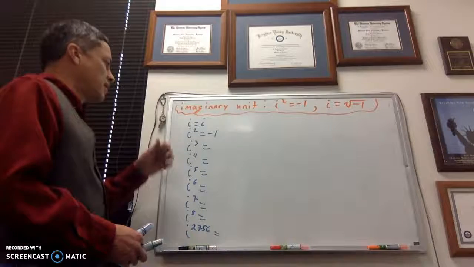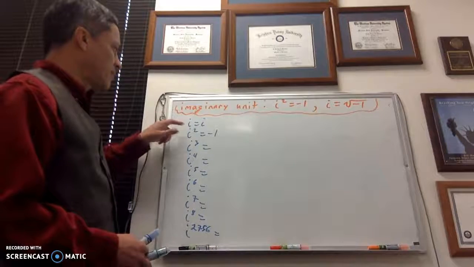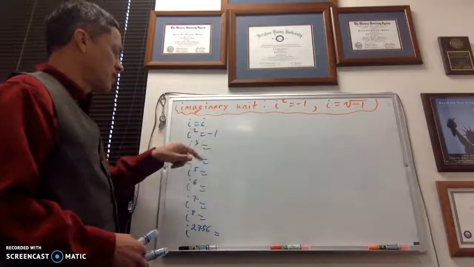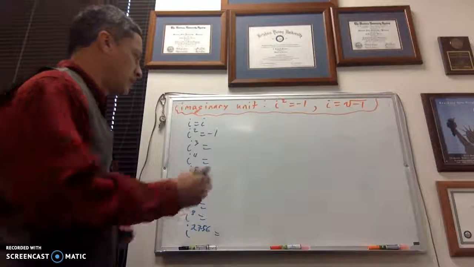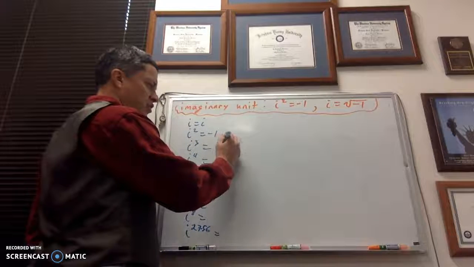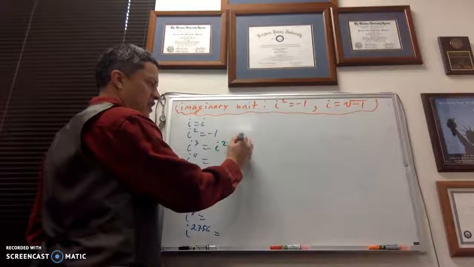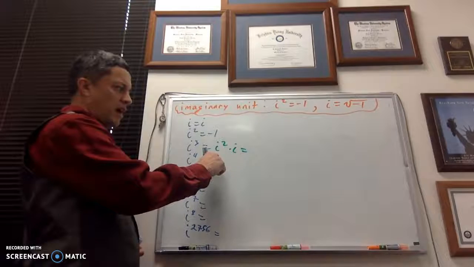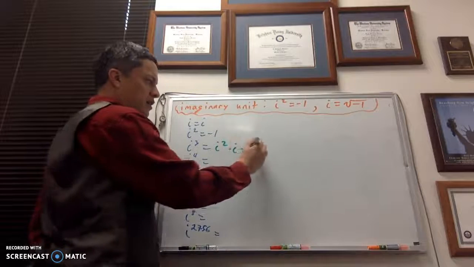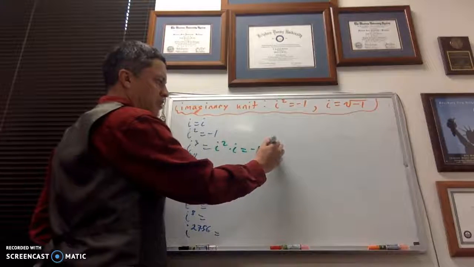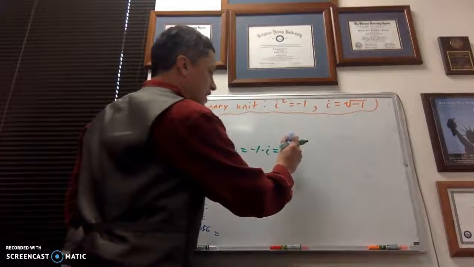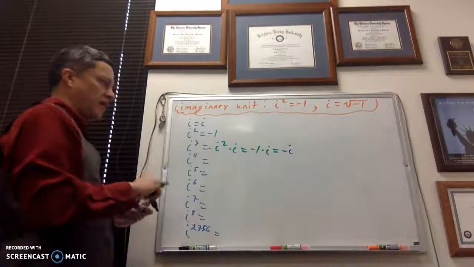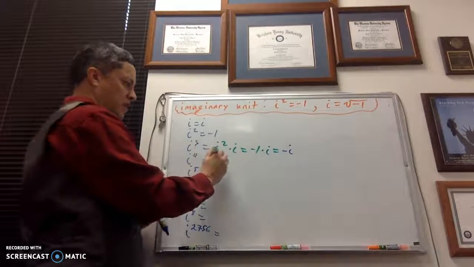So here we go. Let's take a look at what happens if we have i squared equals negative 1. What about i cubed? Well, think about that for a minute. I cubed, would you agree it's the same thing as i squared times i? But remember, i squared is a negative 1, right? So we're really talking about a negative 1 times i, or negative i. Now let's look at i to the 4th.